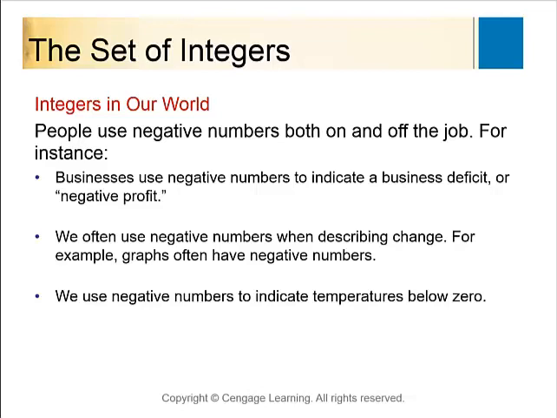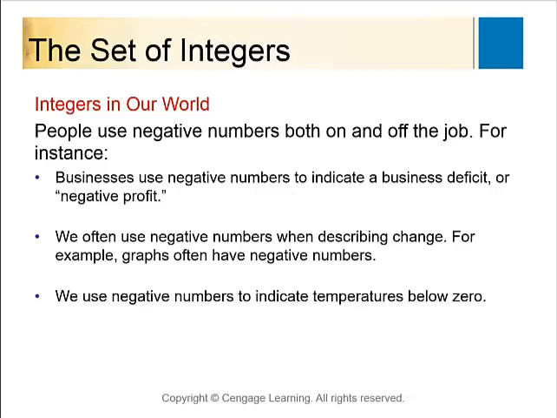Negative numbers are used for negative profit, or losing money, if you will, or a checking account that's overdrawn. Below 0, if our temperature gets, and we here in Alaska get that. So just some examples of where we might use integers.